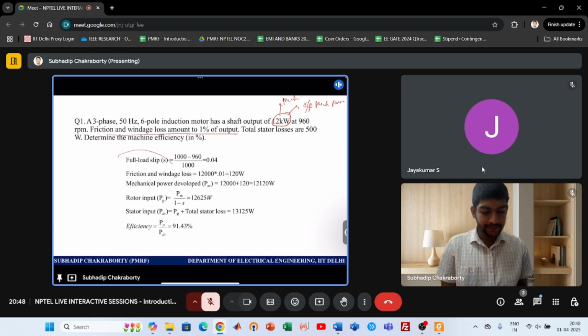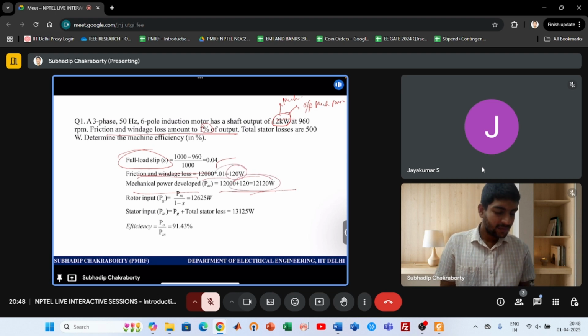So accordingly you calculate the slip and the rated windage and friction loss, you can calculate 1% of the rating. But the mechanical power developed you can calculate, because friction and windage loss is there. So this is the PM, right?